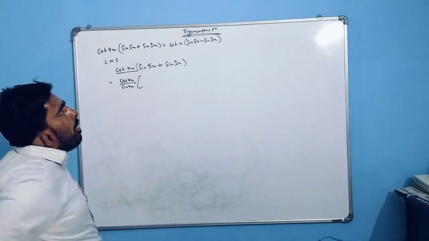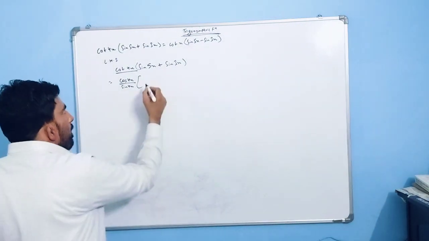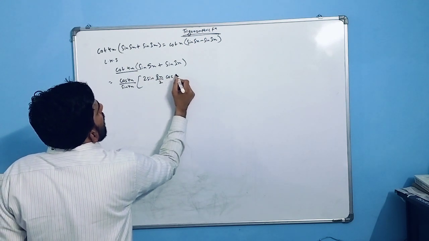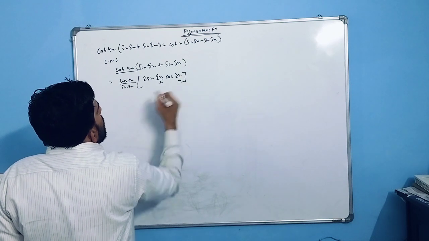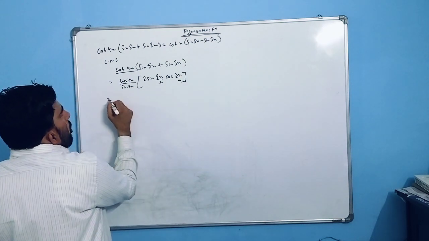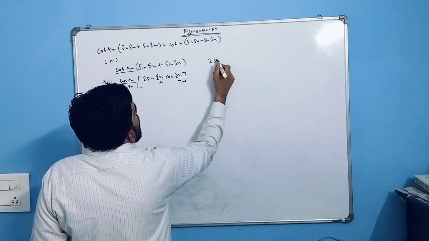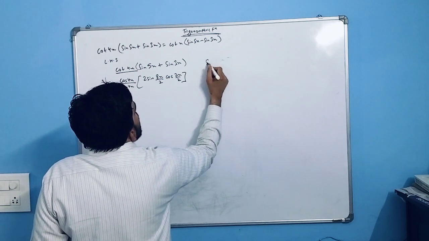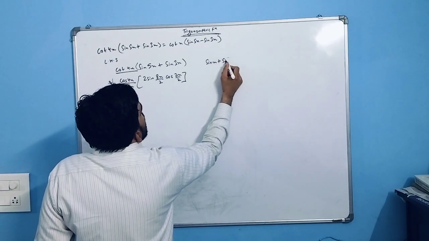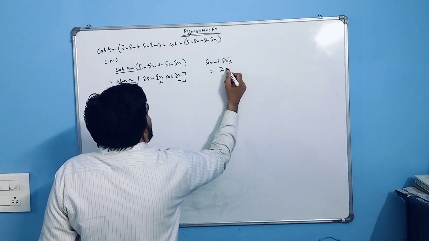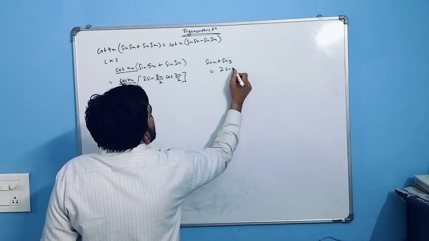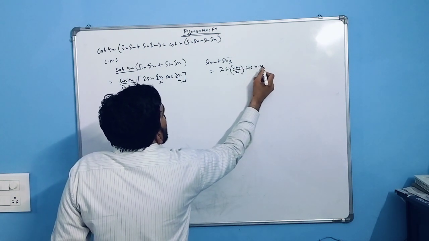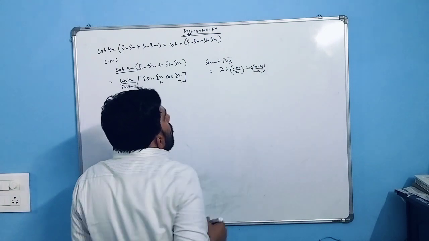Now we'll use the identity sin x plus sin y, that is 2 sin (x plus y)/2 cos (x minus y)/2. So what I have used here for sin x plus sin y is 2 sin (x plus y)/2 and cos (x minus y)/2.